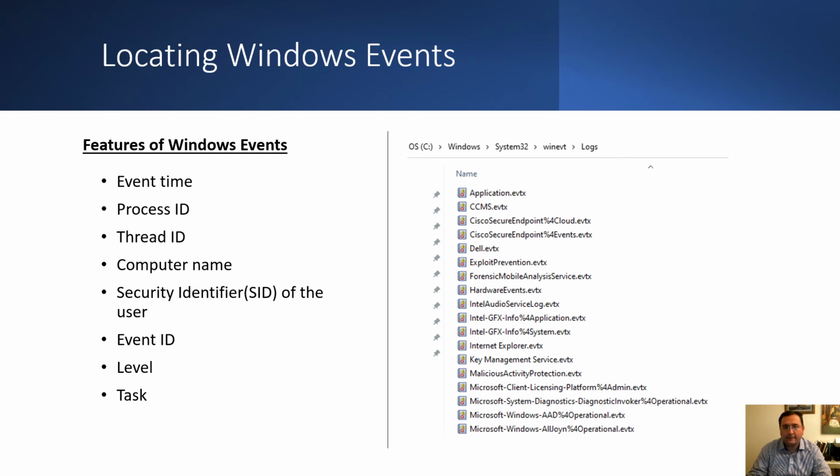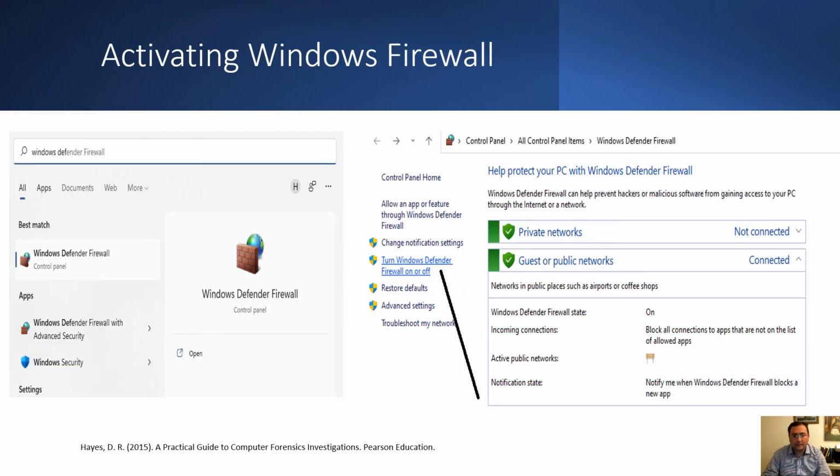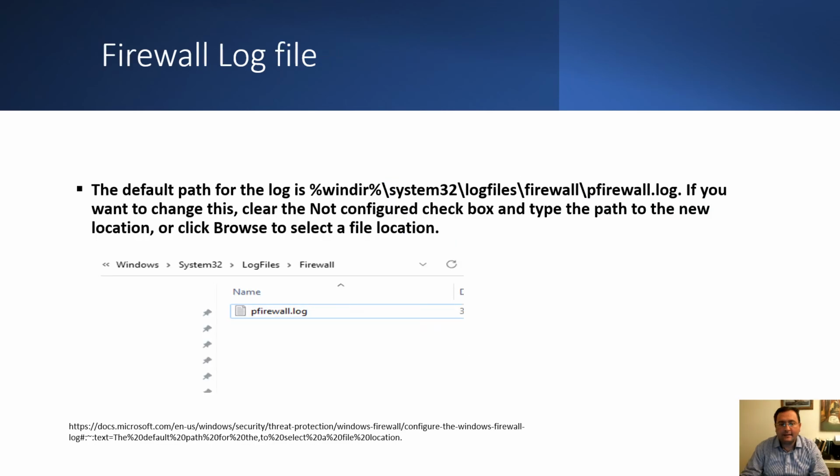from this path. After you type in Windows Defender Firewall with the new window open, just click Turn Windows Defender Firewall on and then activate the Windows Firewall. You can access the firewall log file through the path shown here: Windows directory, System32, LogFiles, Firewall, and pfirewall log file.